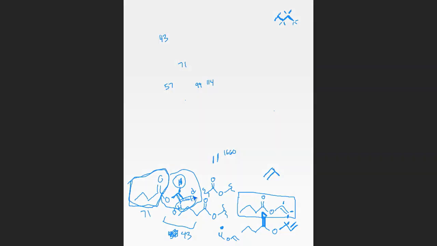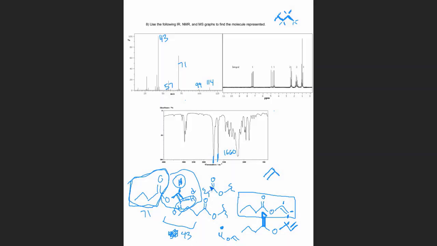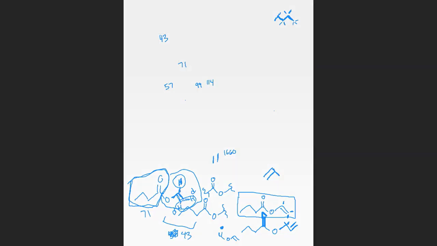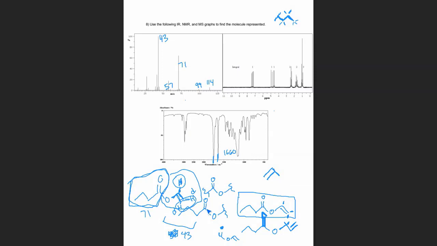The peak between 8 and 7, that's not a benzene. What is it? That is the hydrogen between the ester oxygen and the alkene. Just remember that things are also being pulled downfield by the ester itself.